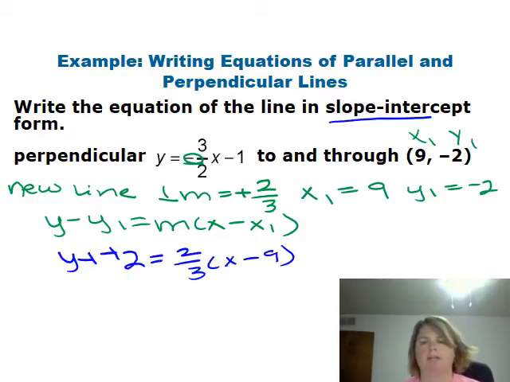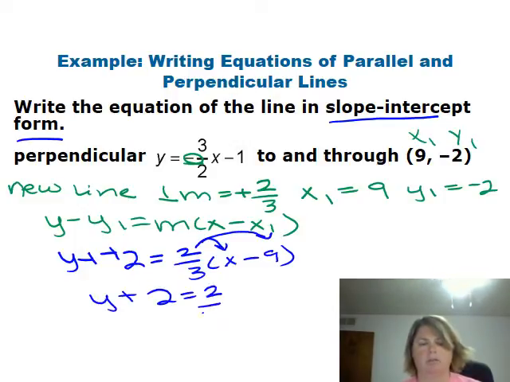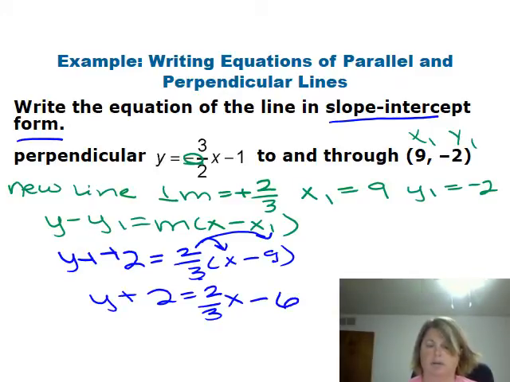And again, we want it in slope-intercept form, which means I have to distribute the 2/3. So I have y plus 2 equals 2/3 x, and 3 goes into 9 3 times. 2 times 3 is 6. Or you just take your calculator, 2/3 times 9, and it'll tell you 6.